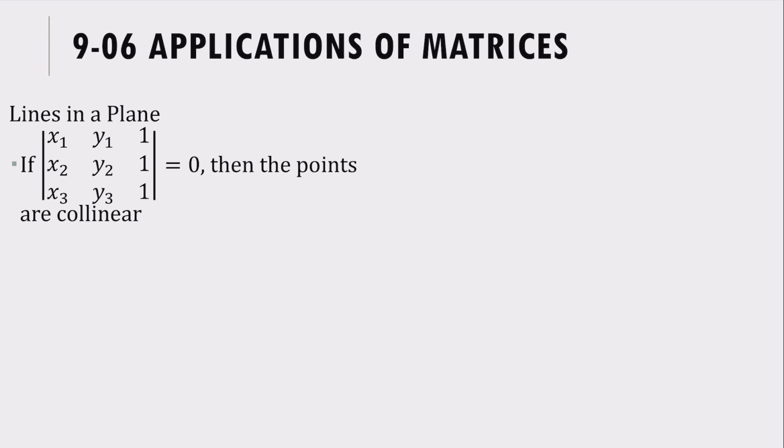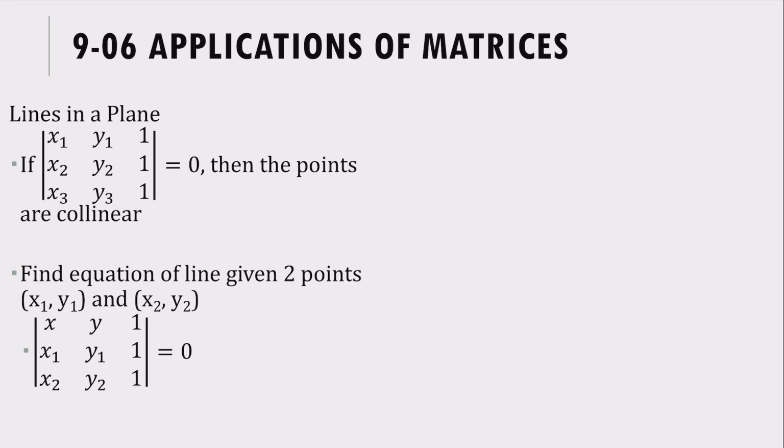But we can use that determinant. If, in fact, that determinant equals 0, the points are collinear. Oh, but wait, if it gives you points along a line, if we have 2 points and just let one of the points be xy, then xy would be any point along the line. So that would give you the equation of a line.